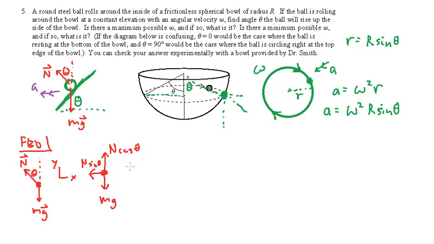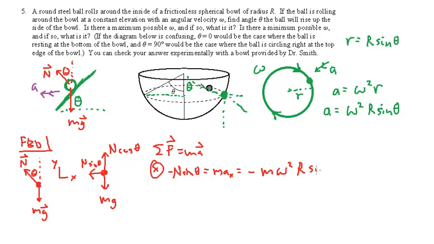So our axes must go somehow like this. I'm going to do that, x, y. I could have pointed the x inwards, but whatever. So going up, n cos theta, going left, n sine theta, going down, mg.